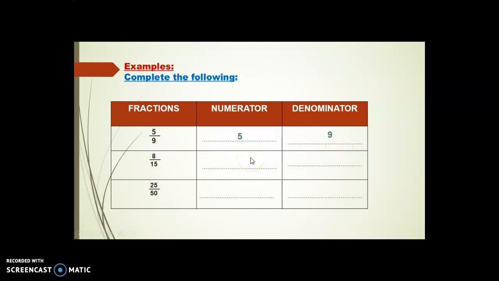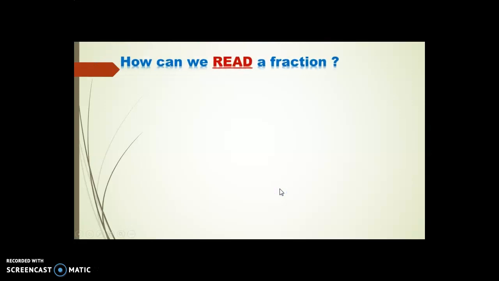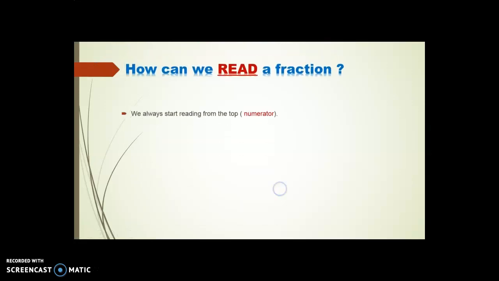The second one, 8 over 15. 8 on top, so 8 will be the numerator and 15 down is the denominator. The last one, 25 over 50. So 25 will be the numerator and 50 will be the denominator. Excellent. Good job.